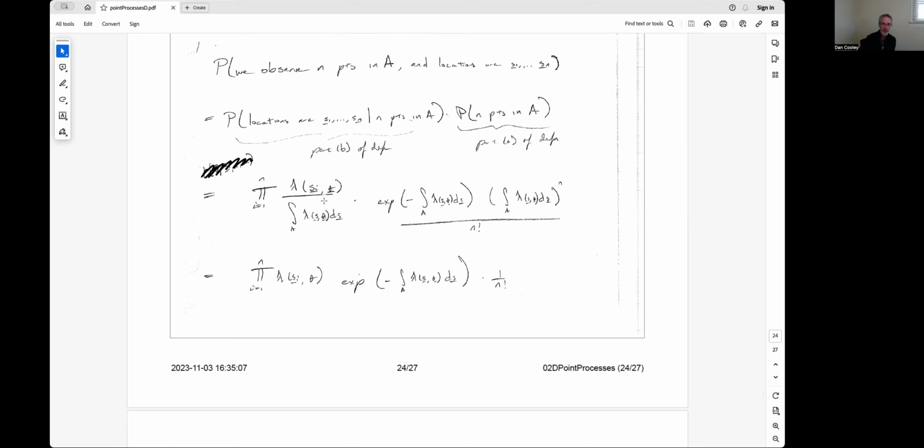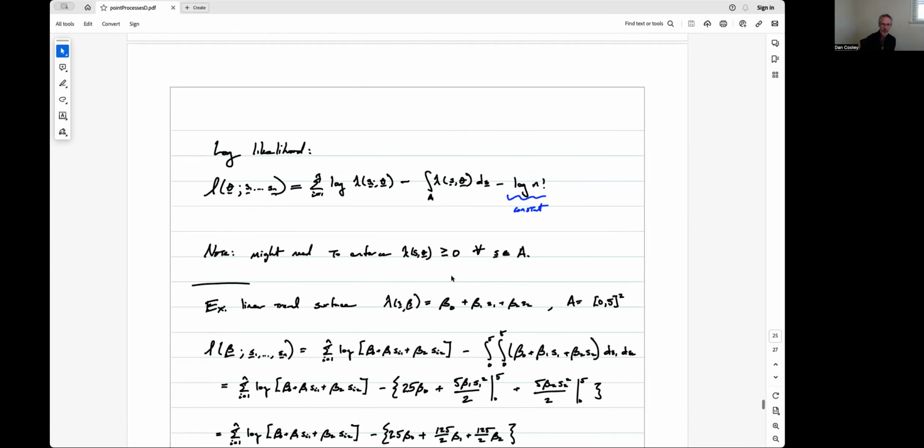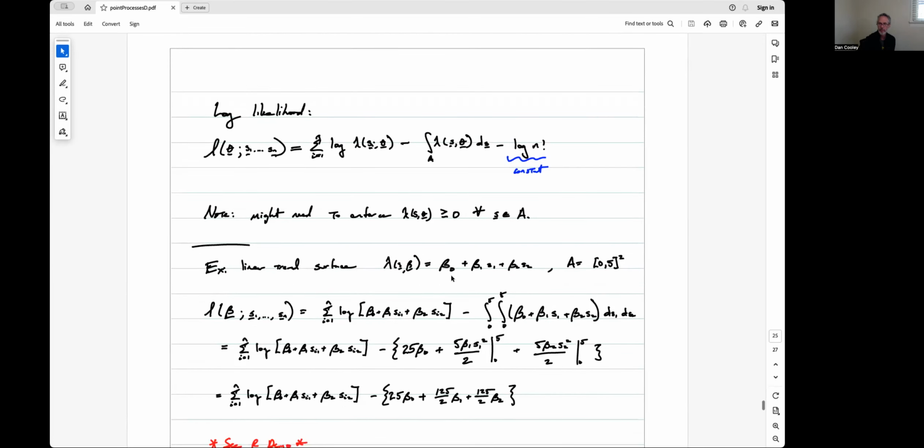So notice that we have n of these, and we have n of them up here, so those cancel with one another. And so we get the product of the intensity at the individual locations, times, we still have our e to the negative stuff, and 1 over n factorial. Okay, so that's the likelihood.